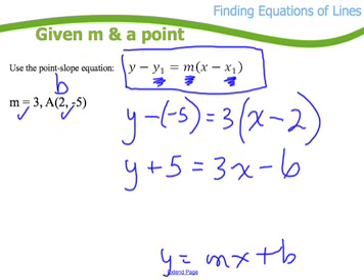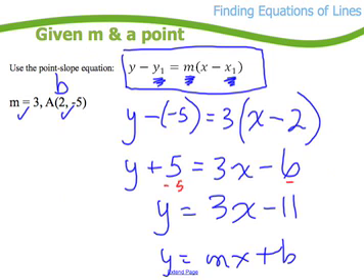So let's subtract 5 on both sides. Negative 6 subtract 5 will be negative 11. If you need to write that subtract 5 out, like minus 5 and minus 5, just to help you so you don't mess up your negatives, go ahead and do that. So now I have the equation in the right format.